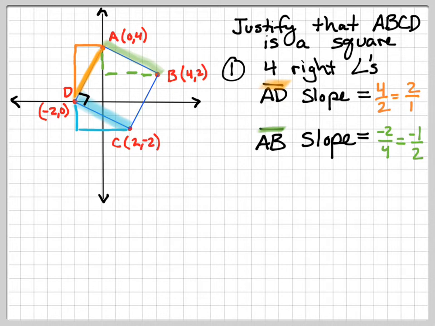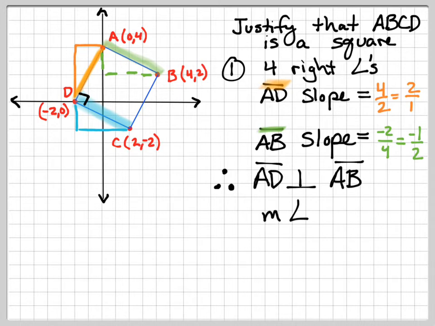Therefore, segment AD is perpendicular with segment AB, making the measure of angle DAB equal to 90 degrees.